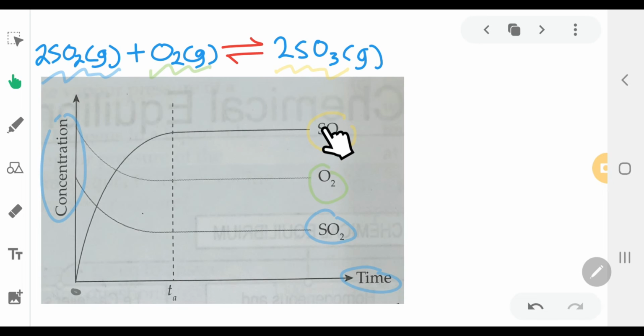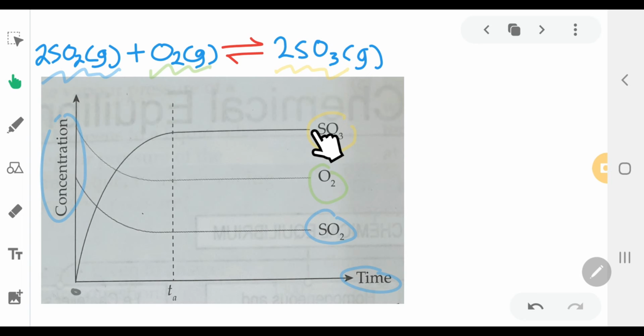Whereas for the SO3, because SO3 is the product of this reversible reaction, in the beginning you do not have it yet. But as the time proceeds, you can see that slowly you are making SO3. So that's why you have this concentration versus time curve over here for SO3.